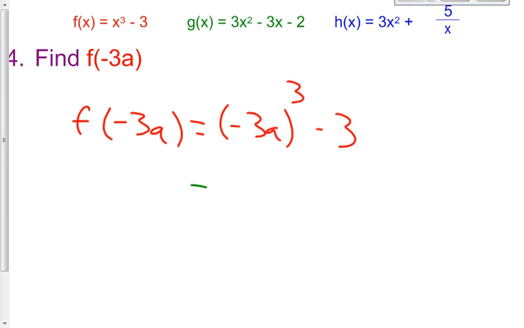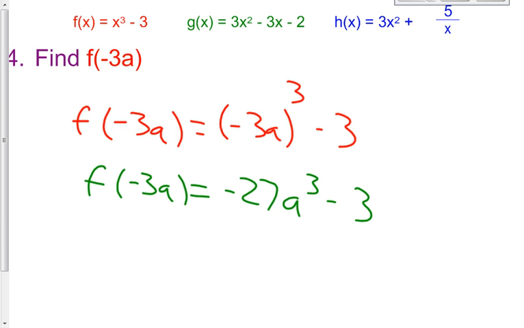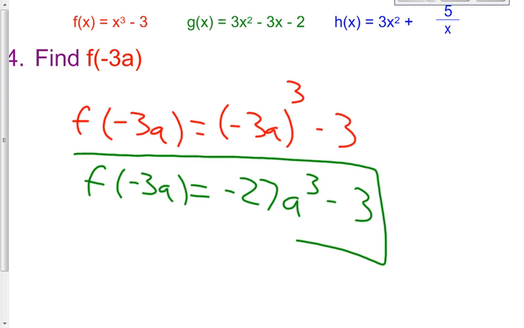A negative 3 times a negative 3 times negative 3 is a negative 27, and a times a times a is a cubed. So a negative 3a, that quantity raised to the third power, is a negative 27a cubed. Subtract 3. And once again, that is as far as we can go. So when we put in a negative 3a into the f function, we get a negative 27a cubed minus 3 coming out on the other end.